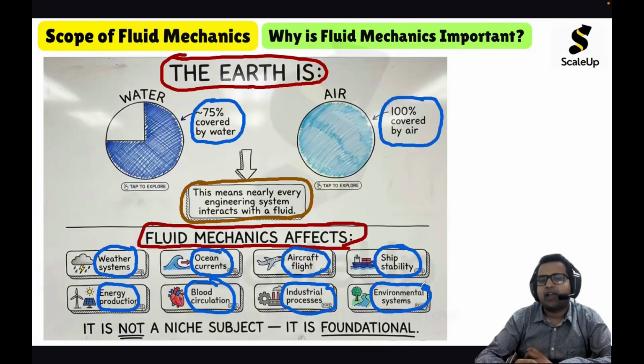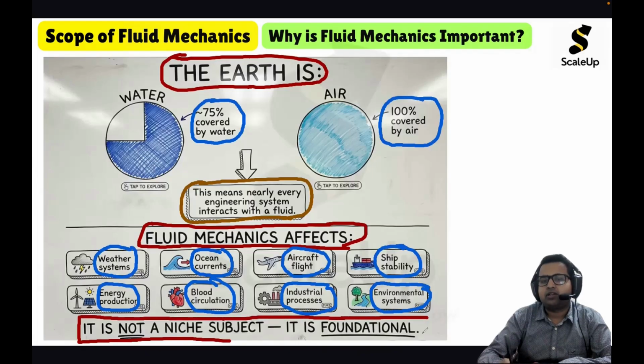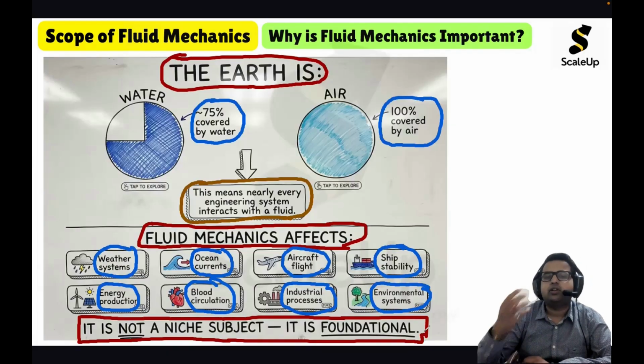So we can say that fluid mechanics is not a niche subject, rather it's a foundational subject. It is a very important foundation which directly affects so many different fields. That's why it is very important for us to master.